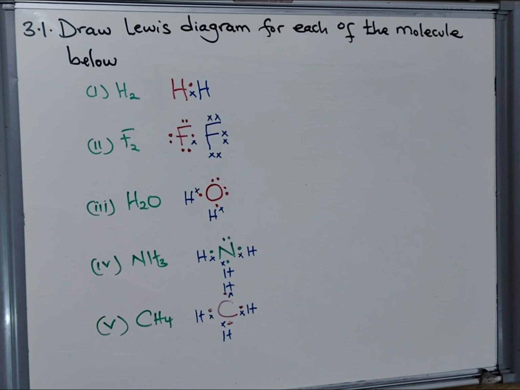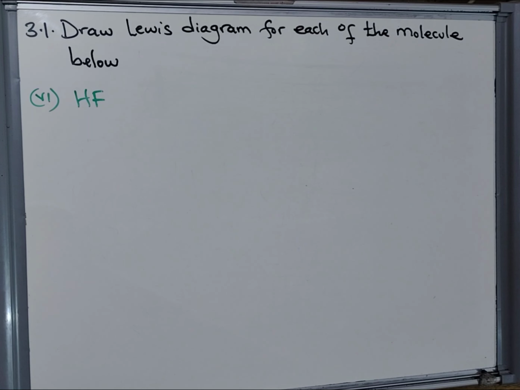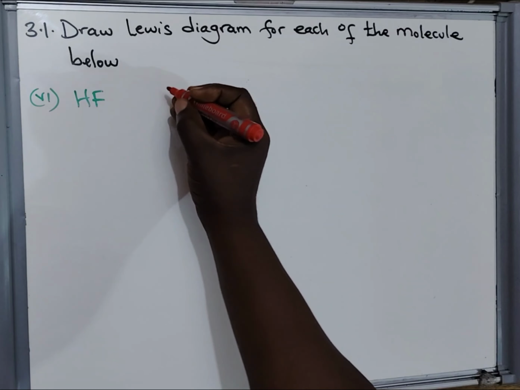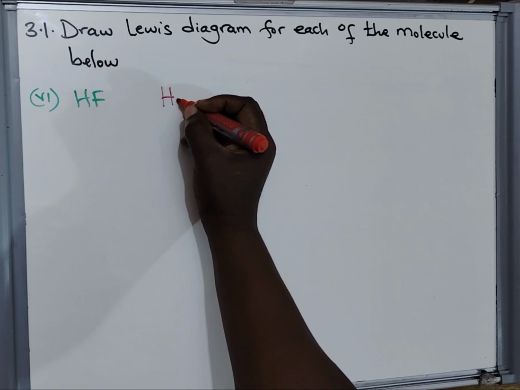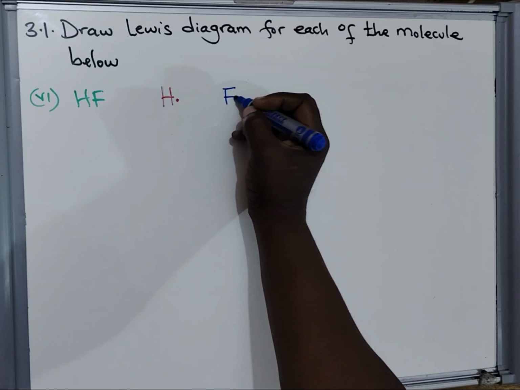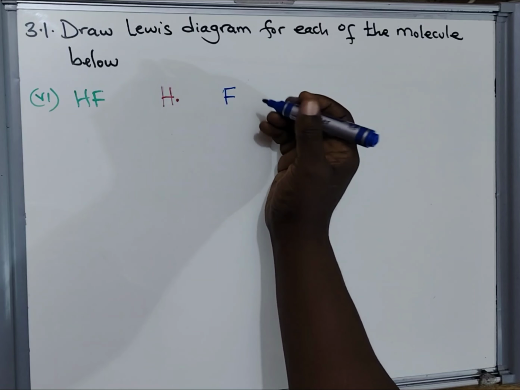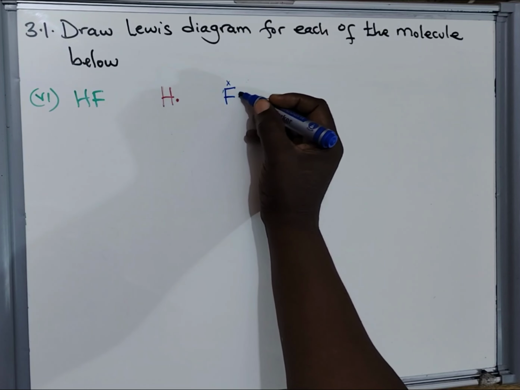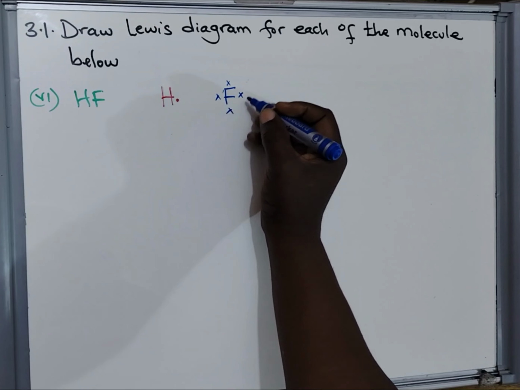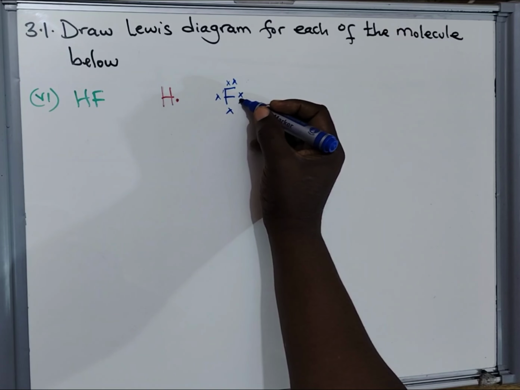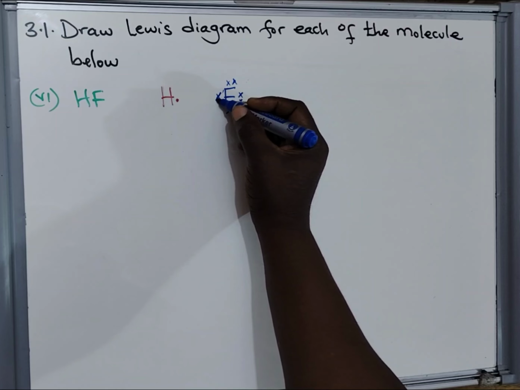Then we come to hydrogen fluoride. What do we know? We know that hydrogen has only 1 valence electron. Meanwhile, fluorine has 7. So it's going to be 1, 2, 3, 4, 5, 6, 7.